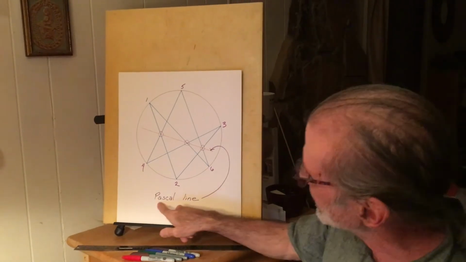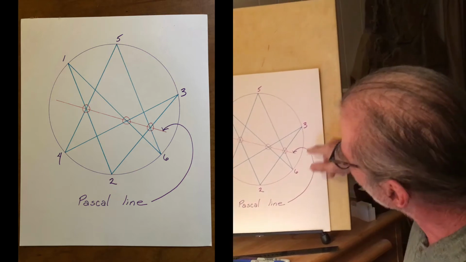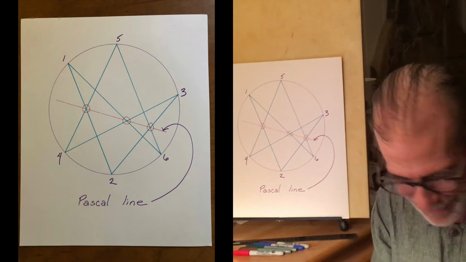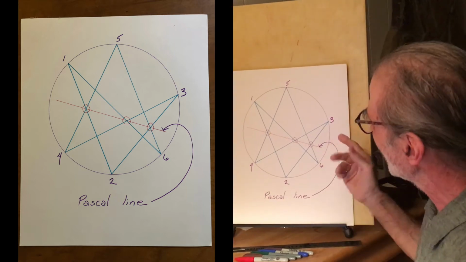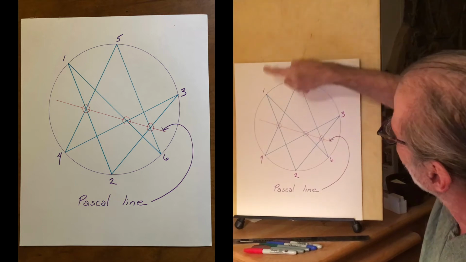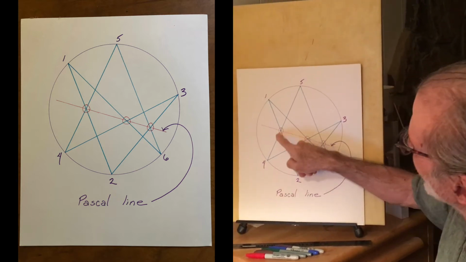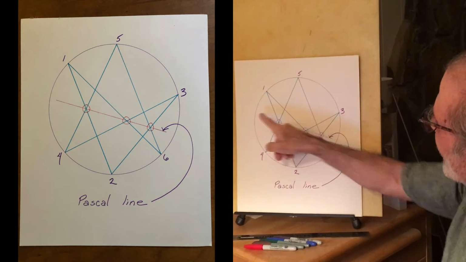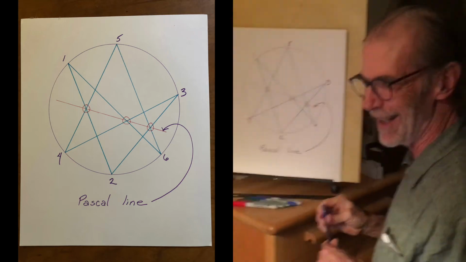A fellow named Pascal, when he was 16, he was very precocious. He discovered a corollary to that. He said, hey, you know what? This works with circles too. If you draw any hexagon in any circle and you intersect, for example, side 1, 2 with side 4, 5, you're going to get, etc. You're going to get a line, and he was able to name it after himself, the Pascal line.